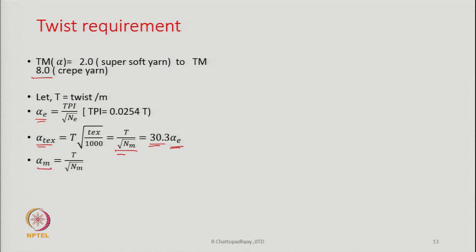And alpha metric is T by root over Nm, where T is indicating twist per meter and TPI indicates twist per inch.